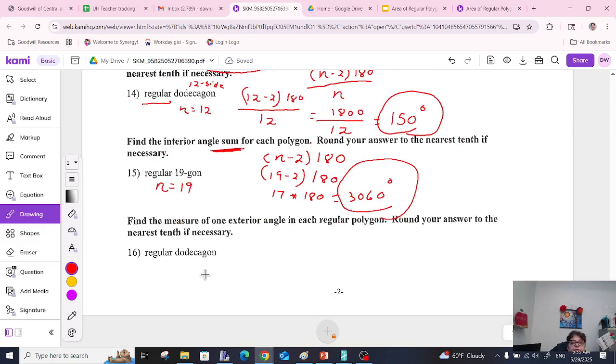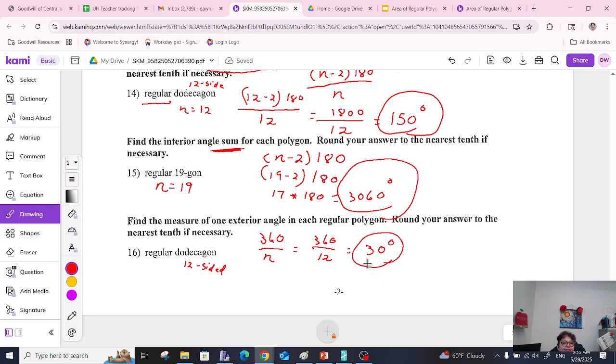And then the next one, oh, it's a dodecagon again. We already know that's 12-sided. Does anybody know how to find exterior angles? What formula is that? 360 divided by n, which is equal to 360 divided by 12, which is what, 30 degrees?